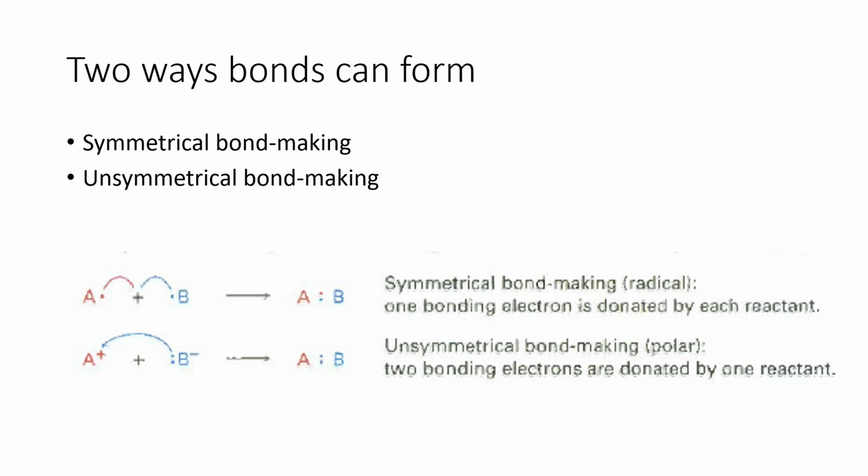So it is very analogous to the first one, in which in symmetrical bond making, each atom has an electron. They share the electrons between them to form the final product. And while in unsymmetrical bond making, one compound has an electron pair while the other one has a vacant orbital. And still they form the final product.